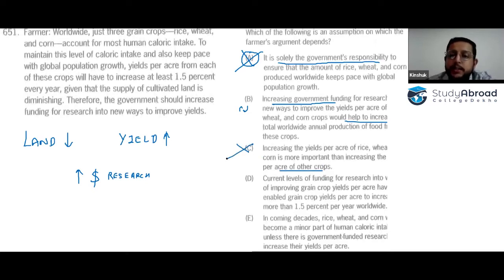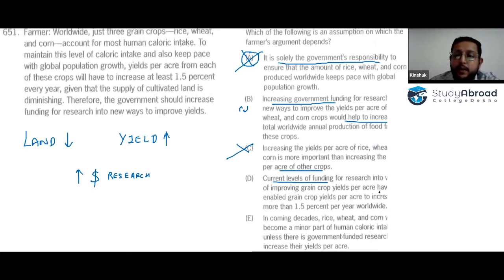Answer choice D says current levels of funding for research into ways of improving grain crop yields per acre have enabled grain crop yields per acre to increase by more than 1.5% per year worldwide. So he's saying what is happening because of the current levels of funding, because of the current level of funding into the research for the new ways, the yield has increased, right?